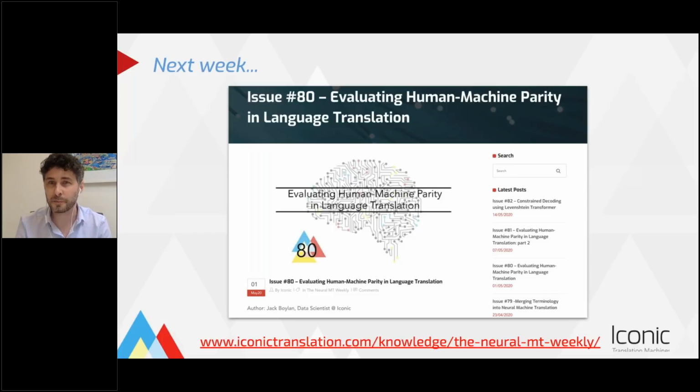As of today, we've published 82 articles. I think the 83rd is going up later today. And there are certain trends and topics that keep resurfacing. And these are the key areas where neural MT researchers and developers are focusing a lot of their efforts.